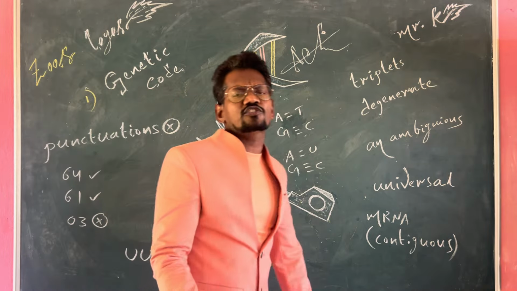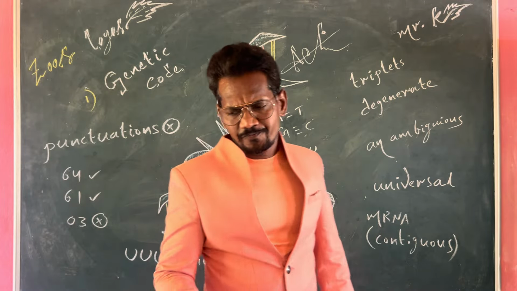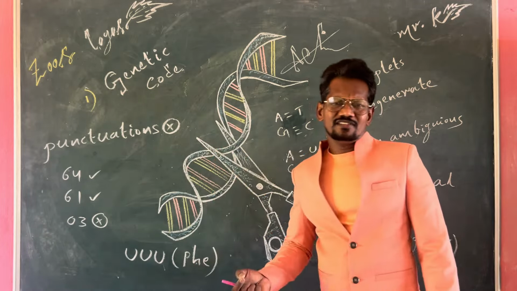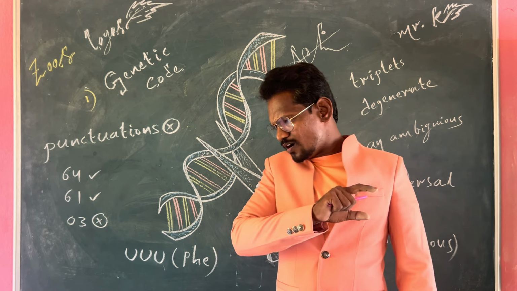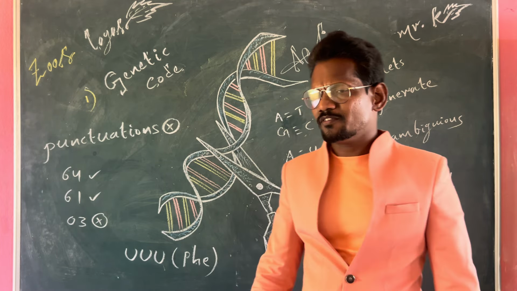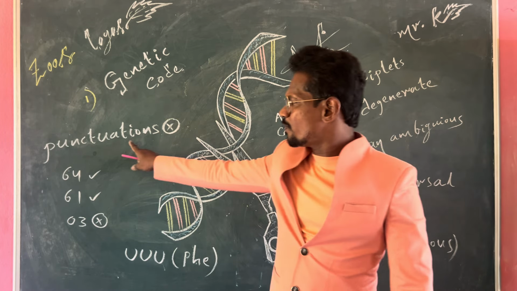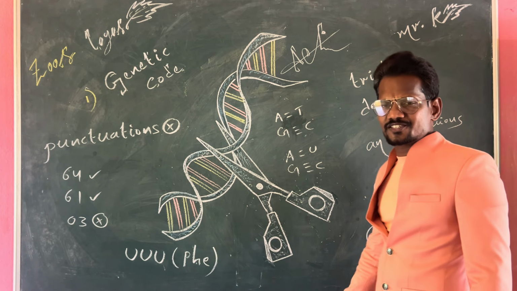There are no punctuations, no full stops, no commas, no apostrophes, no inverted commas, etc. These are not accepted, not allowed. That's a type of rule in the genetic code. So no punctuations.